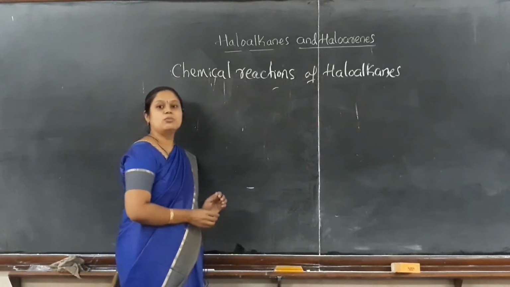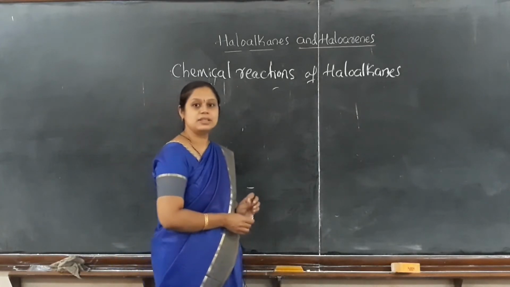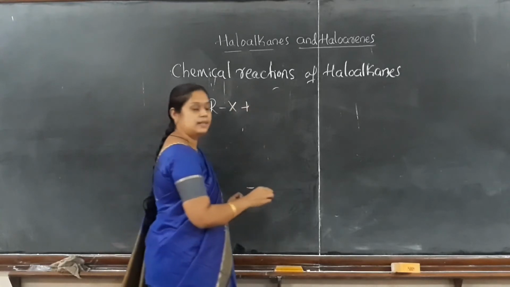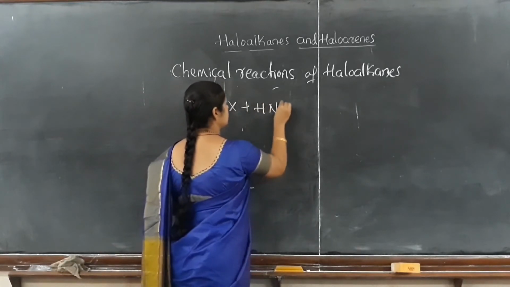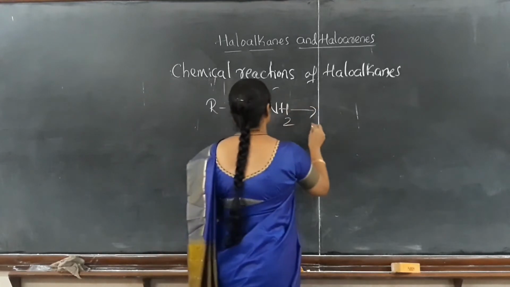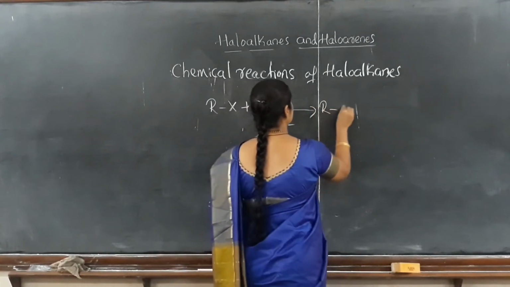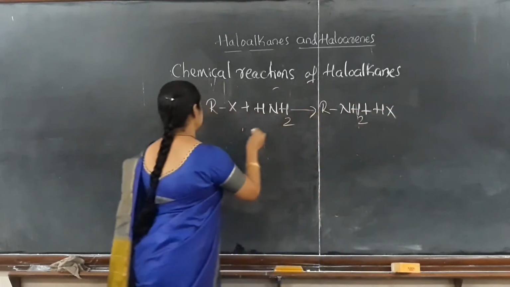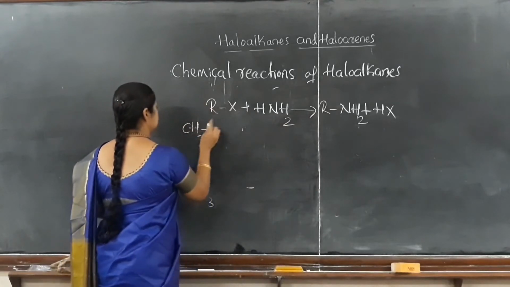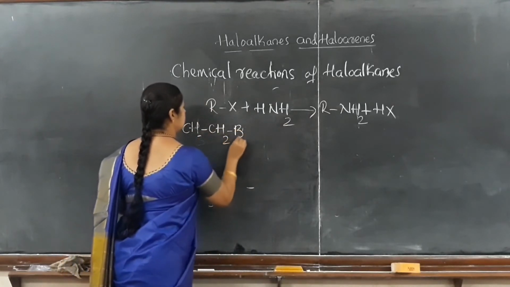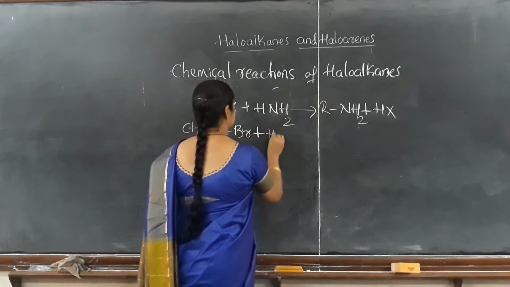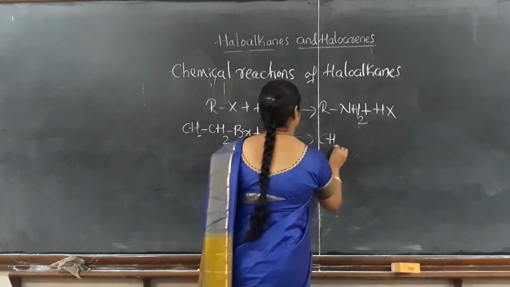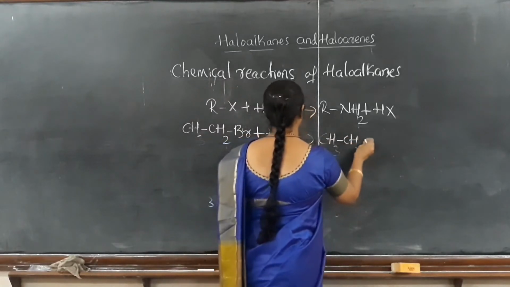Next we will see when an alkyl halide is treated with ammonia. When an alkyl halide is treated with ammonia, we get a primary amine. Let me take an example: ethyl bromide, when treated with ammonia, gives a primary amine.